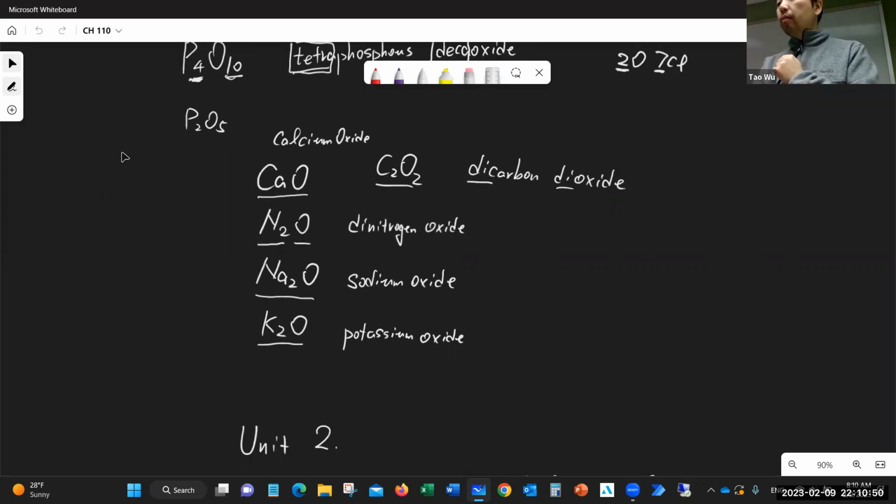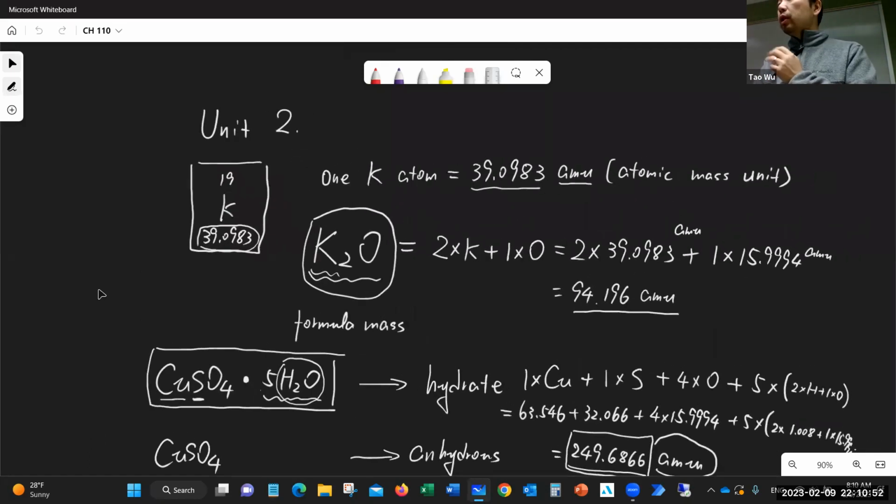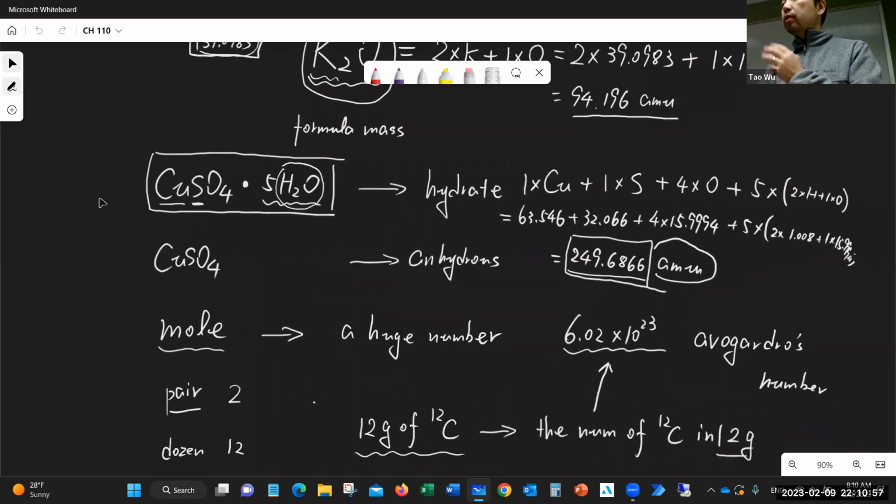And also we talked about unit 2. First, we talked about the molar mass, right? The mole concept. A mole is just a number, a big number, 6.02 times 10 to the 23rd, a very big number.